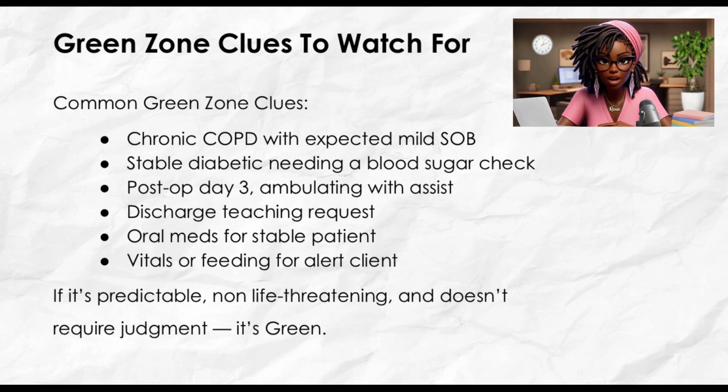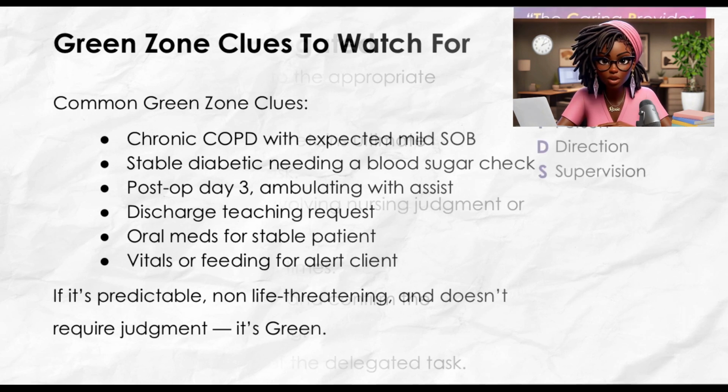Or a stable diabetic just needing a blood sugar check, or a patient who is post-op day 3 and requires ambulating with assistance, or some sort of discharge teaching that is required or requested, or oral medications that need to be administered for a stable patient, or even vital signs or feeding for a patient who is alert, oriented, and stable. If it's predictable, not life-threatening, and doesn't require RN clinical judgment, it's a green zone.